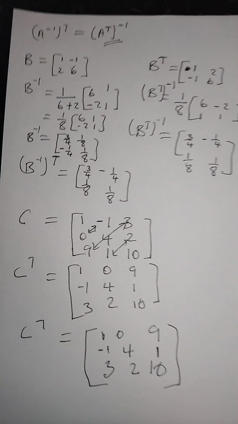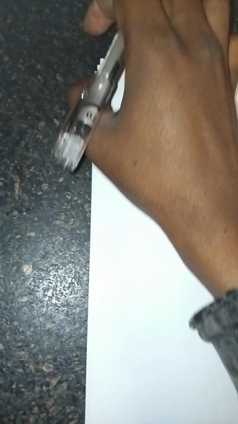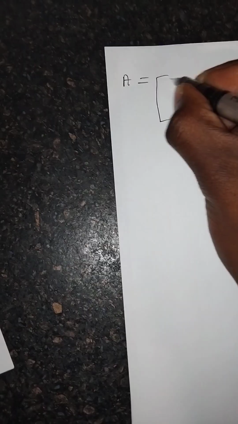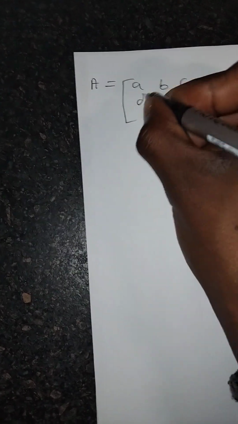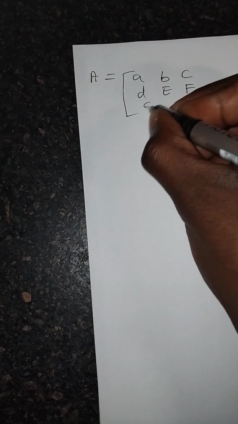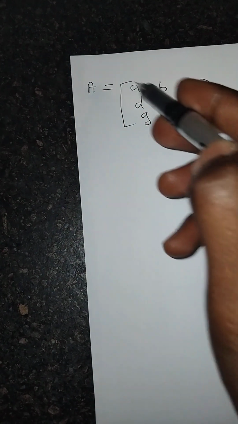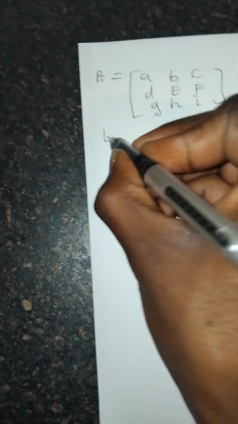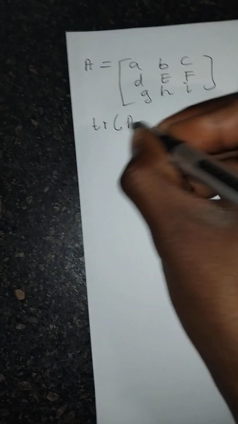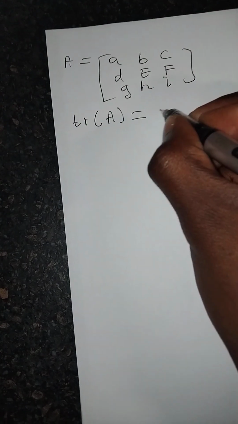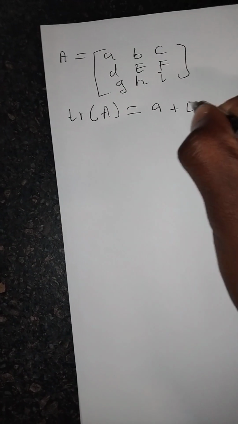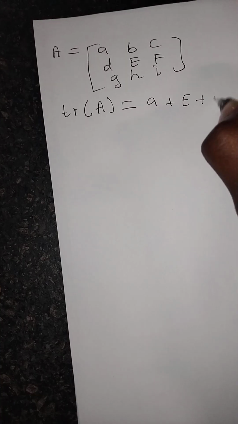So now let's move on to traces. So what are traces? Basically, the trace is the summation of the diagonal. Okay, so if we have a matrix A with entries a, b, c, d, e, f, g, h, i, like that, the trace is basically the sum of the diagonal, and it's denoted by tr(A). Okay, tr(A) is basically going to be a plus e plus i.